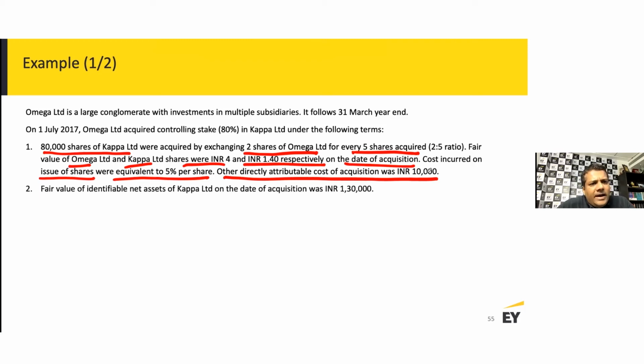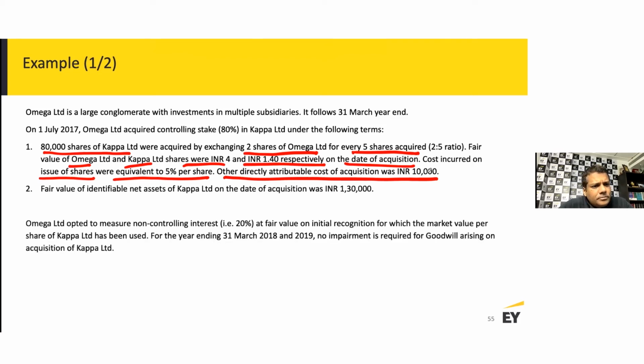Now, fair value of identifiable net assets of Kappa Limited on the date of acquisition was INR 1,30,000. That's the fair value given. So we need to then determine the goodwill or other intangible. Now, Omega Limited opted to measure the non-controlling interest at fair value on initial recognition, for which the market value per share of Kappa Limited has been used.